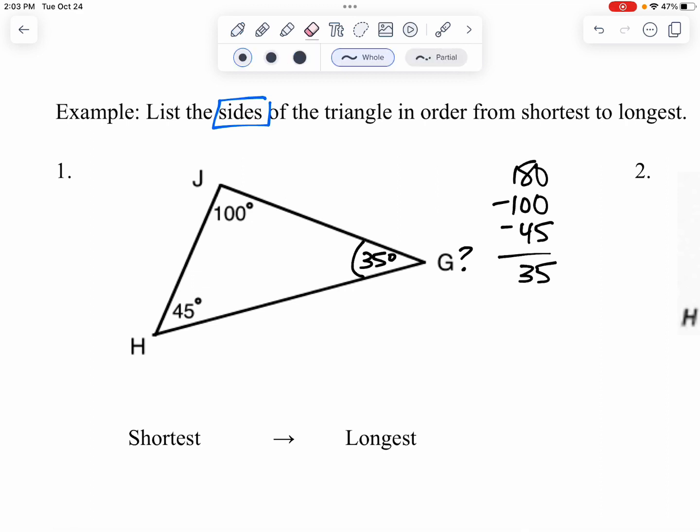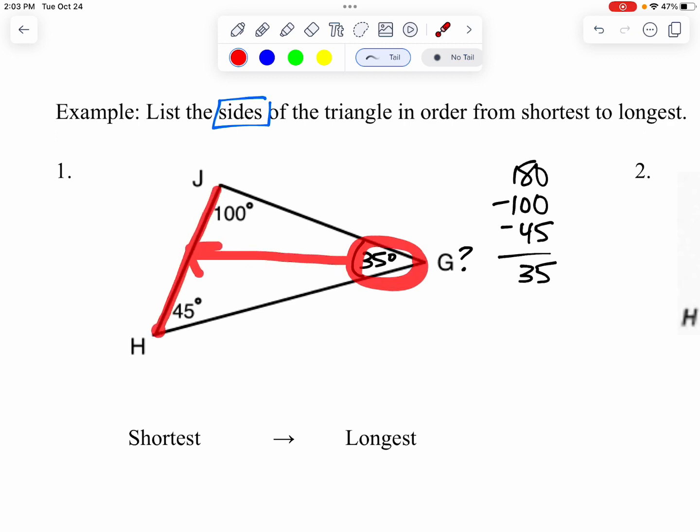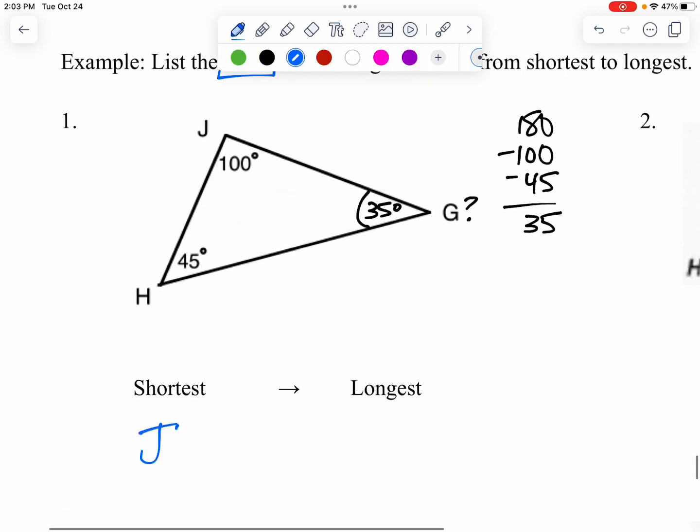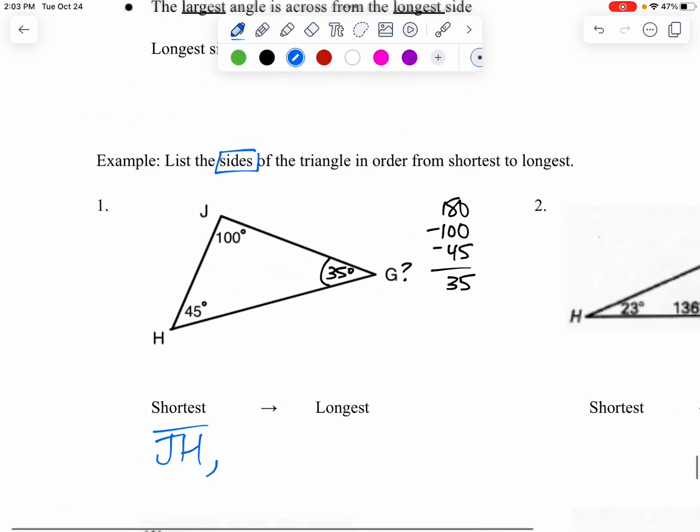So the shortest side is across from the shortest angle. Here's the smallest angle. It's the smallest number, and it is going to be across from the smallest side, JH. So when I ask for a side, I want you to give me JH. That is the shortest side of the triangle.